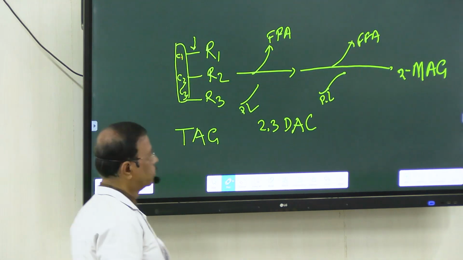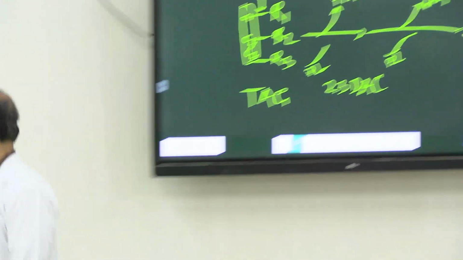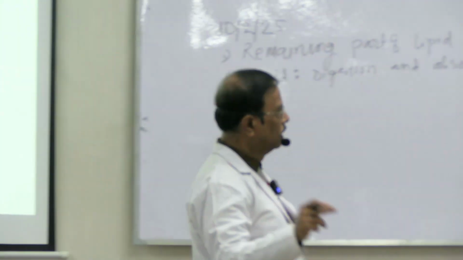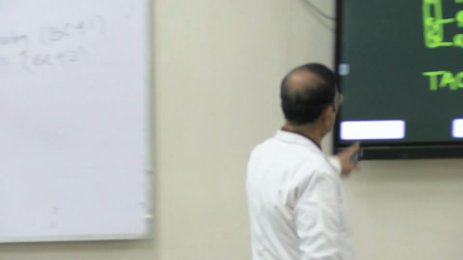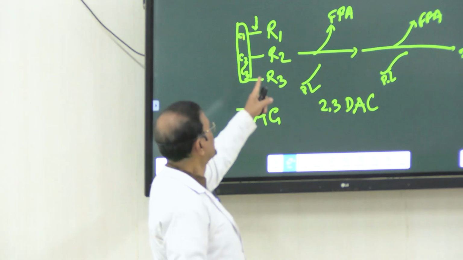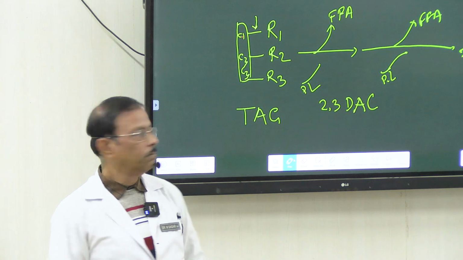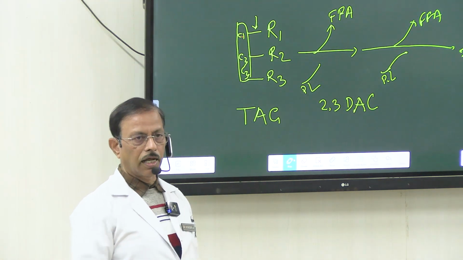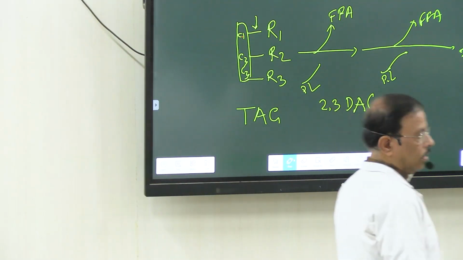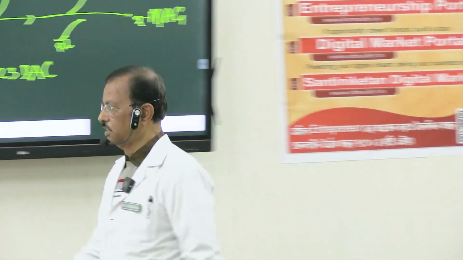Thus one molecule will give 2 free fatty acids and 2-monoacylglycerol. After that, what happens? This 2-monoacylglycerol isomerizes to shift the fatty acid to carbon position 1. So it becomes 1-monoacylglycerol and is again acted upon by the pancreatic lipase to release completely glycerol and fatty acid.